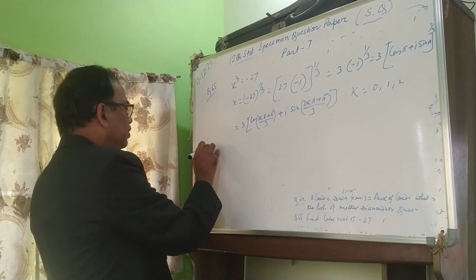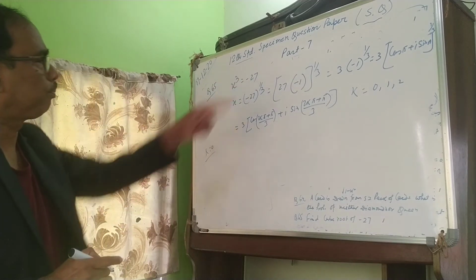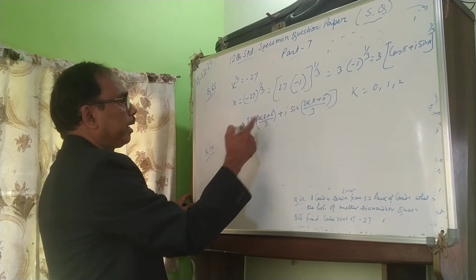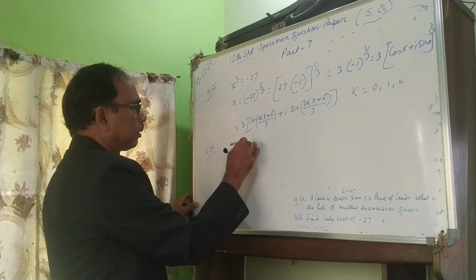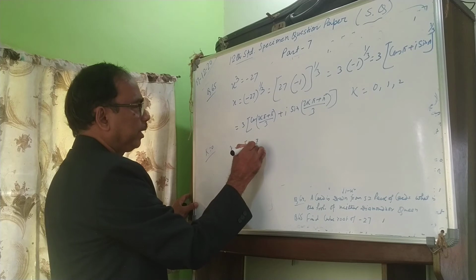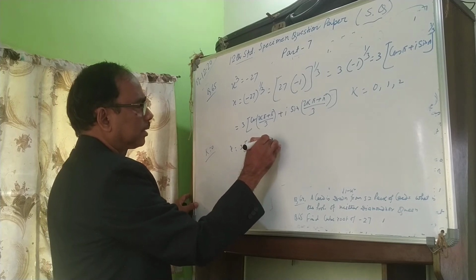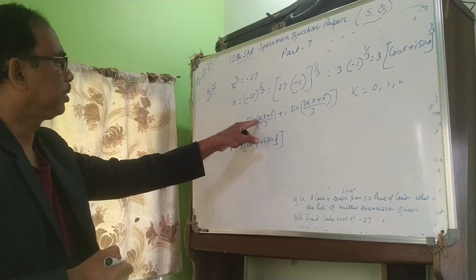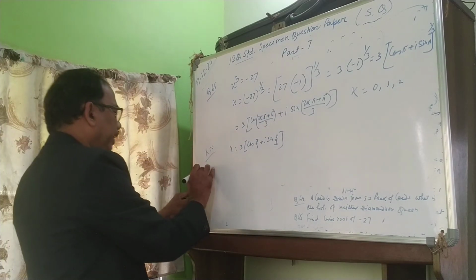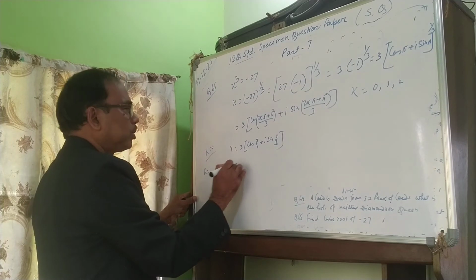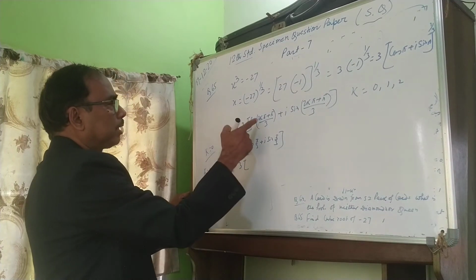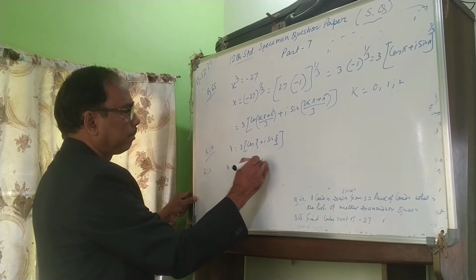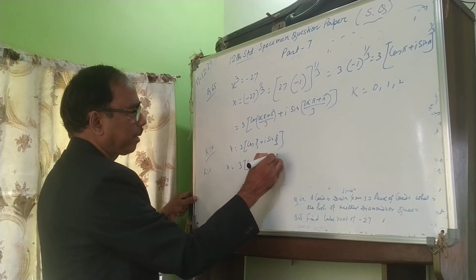We have to find the 3 roots of the cube root formula. When k is 0, then x equals, putting 0 here, 3 cos pi by 3 plus i sin pi by 3. When k is 1, x equals 3, putting 1 here, that is 2 plus 1, 3 pi by 3, that is cos pi plus i sin pi.